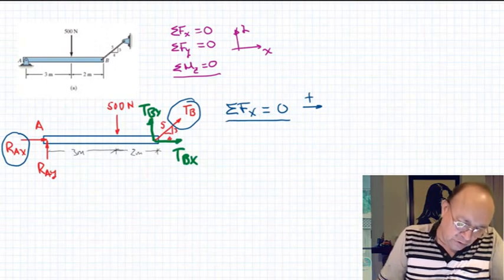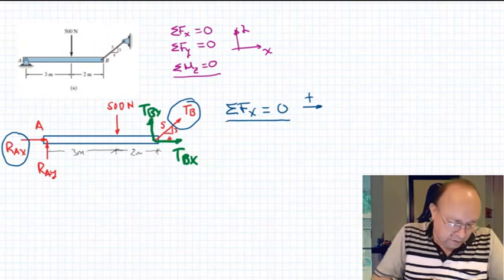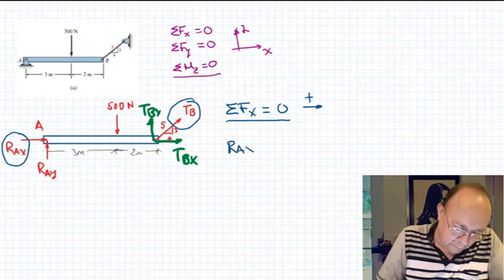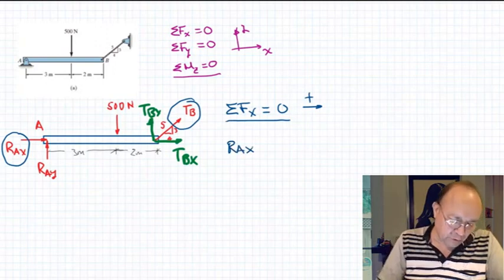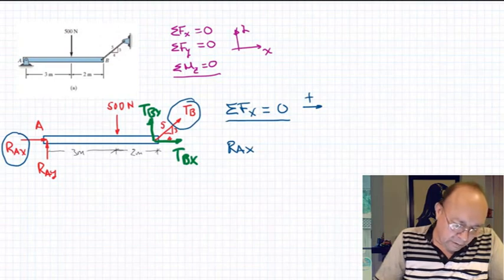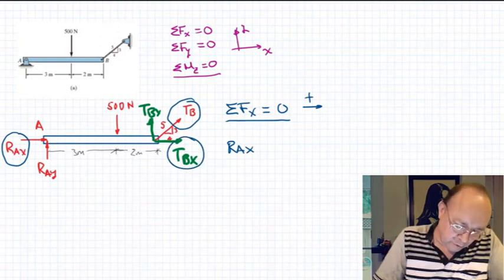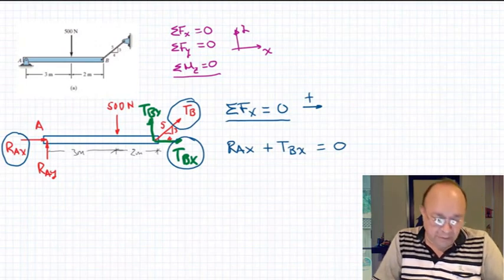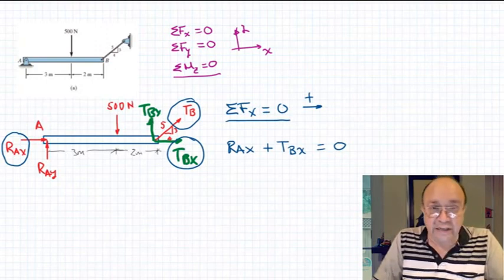Okay, so forces in the x direction. In this case, RAX, positive. I assume it positive. What else? Well, this one here, also positive, plus TBX equals 0. I know that TBX can be written in terms of TB because we already know the direction of that force.